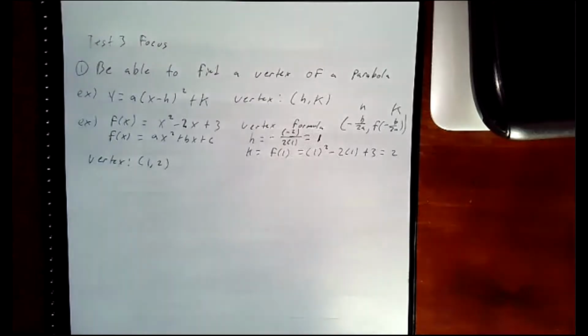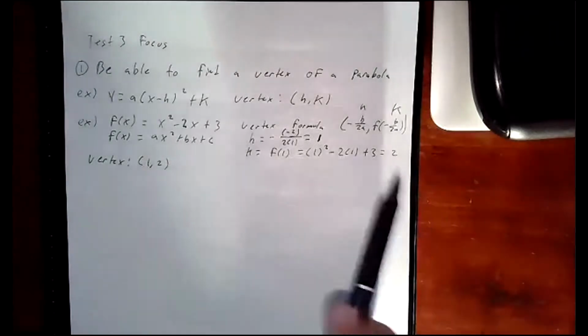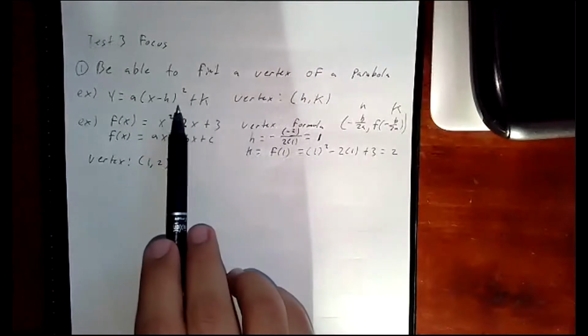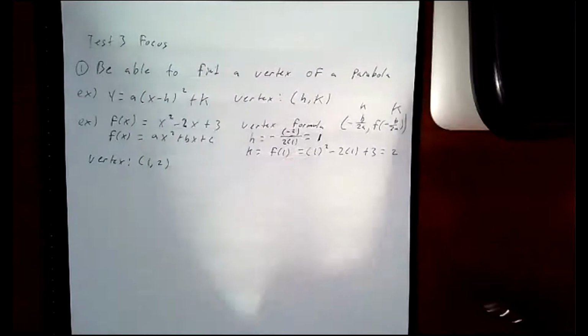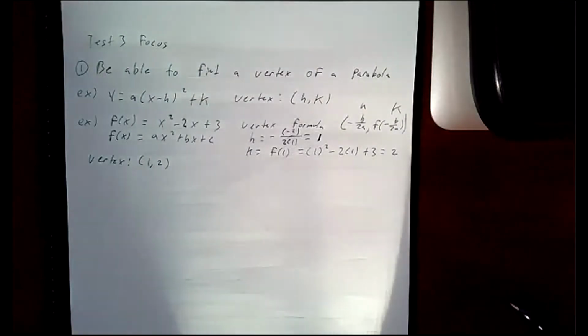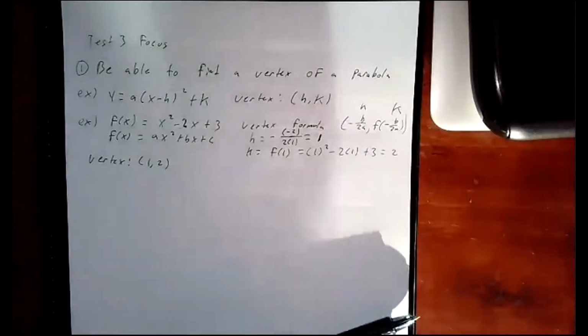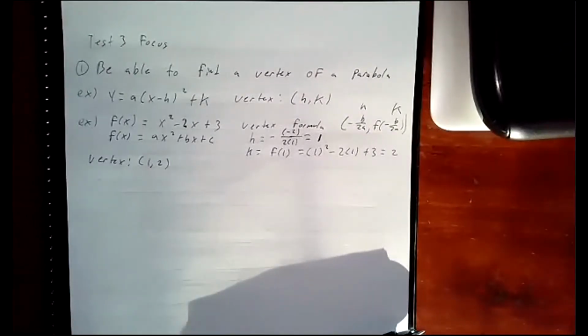Question: if it says negative or minus 2x, you said the sign changes for h at what point? Oh, you're talking about this first example? Oh, I guess those are separate. Yeah, so one's in standard and one isn't.